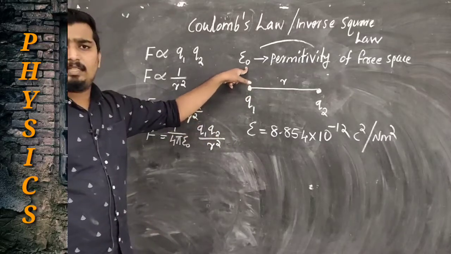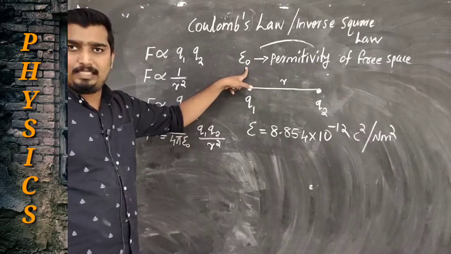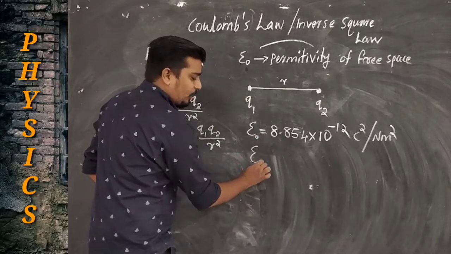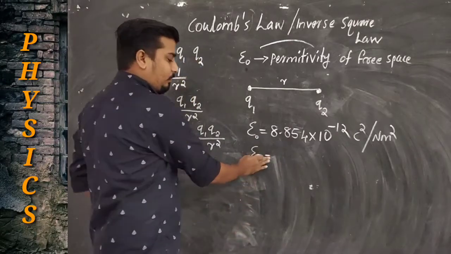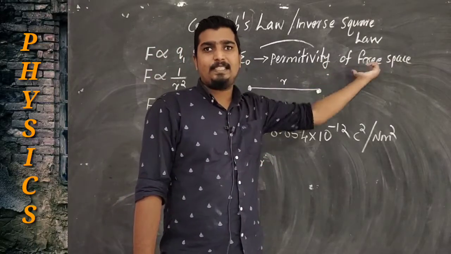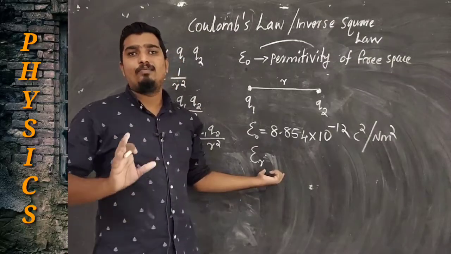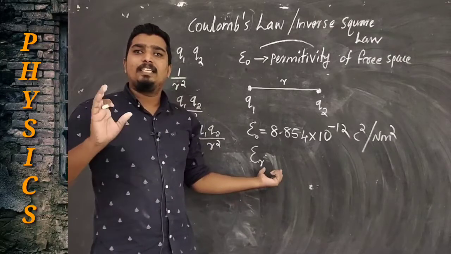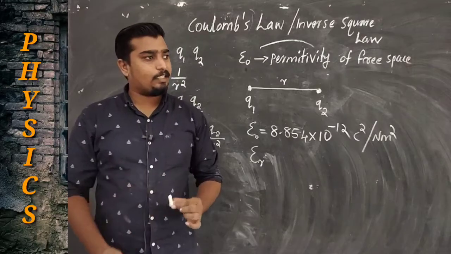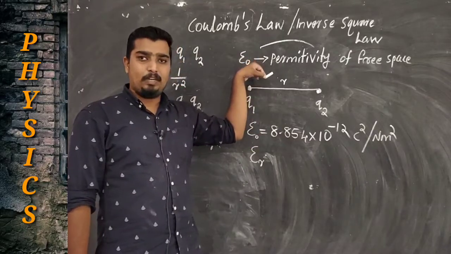Here epsilon 0 is the permittivity of free space, but epsilon r is the permittivity of the medium in which the charges are placed. If a charge is placed in free space, the permittivity is taken as epsilon 0.